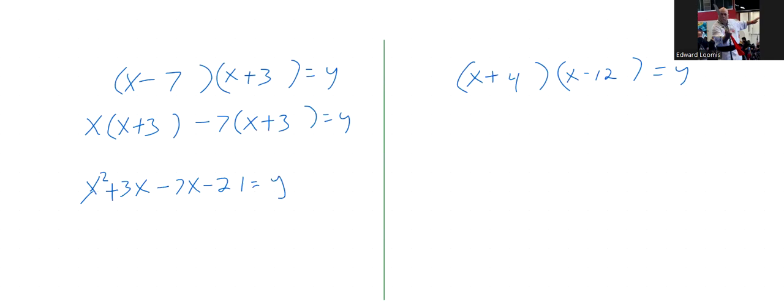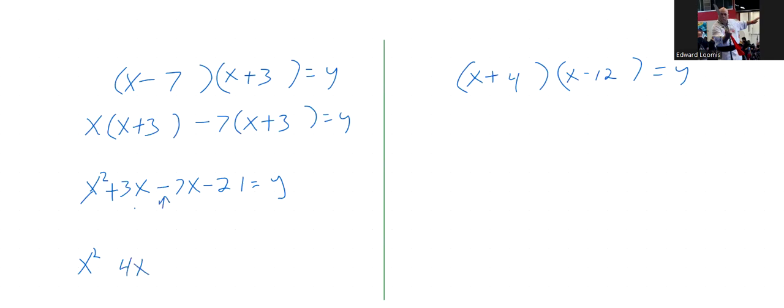At this point, all I have to do is combine my like terms. I'm going to bring down my x squared because there are no like terms for that. These middle two, I should always be able to combine. I've got a 3x plus a negative 7x. So I subtract 7 minus 3 is 4x. 7's my biggest number.